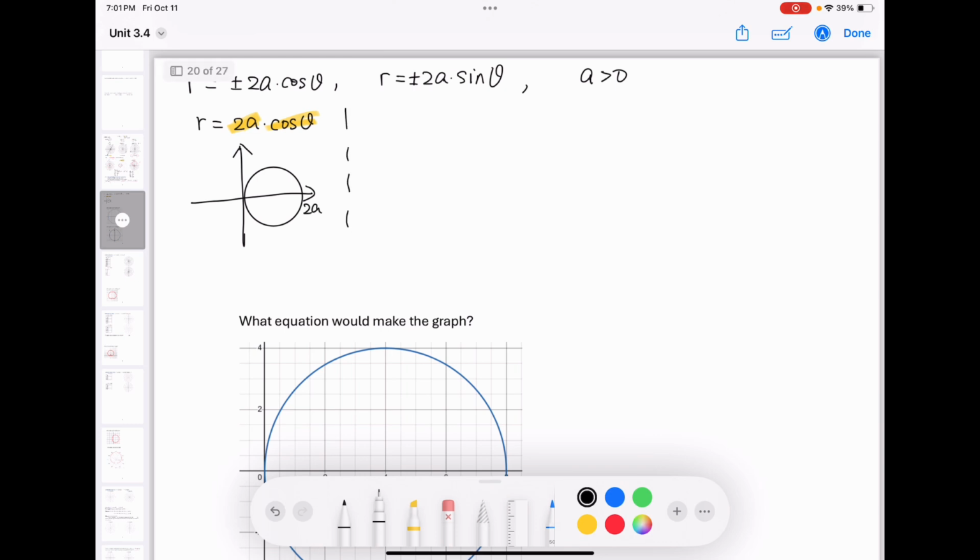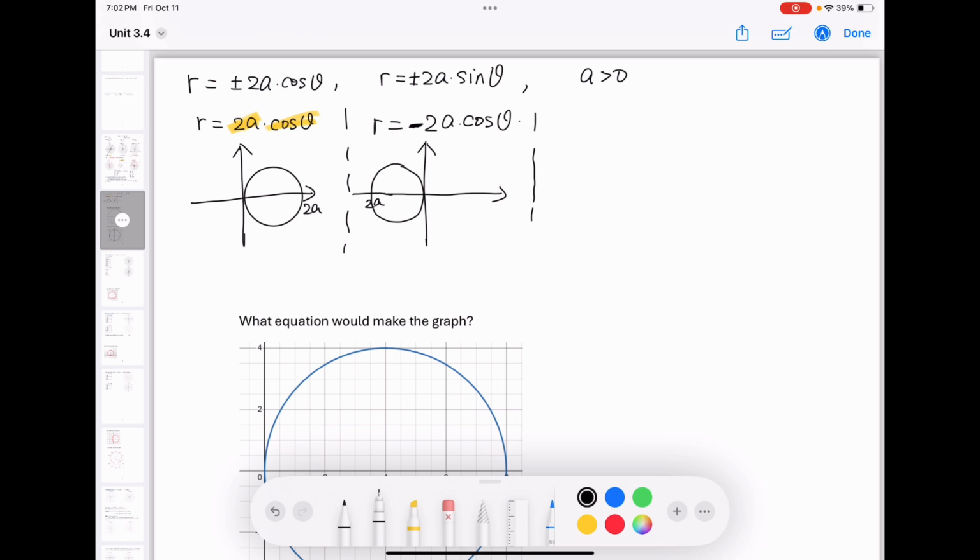How about if I have r equals negative 2a times cosine theta? Again cosine theta means the circle is still on the x-axis, and this is negative in front of the cosine. That means my circle is on the negative x-axis, and the diameter is 2a.